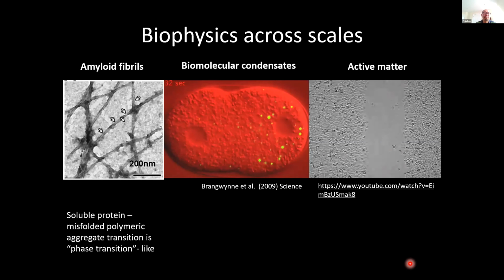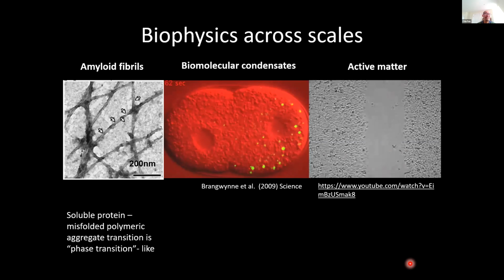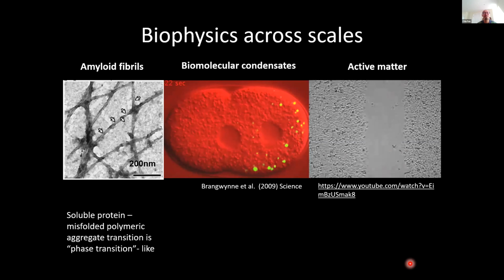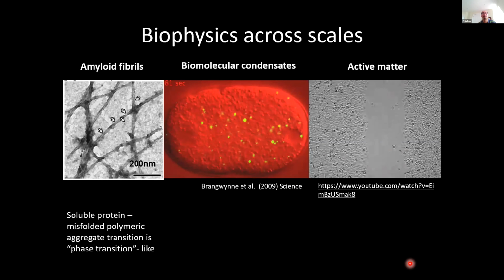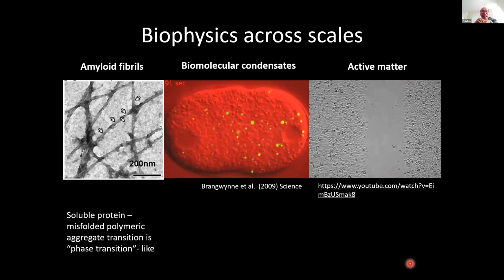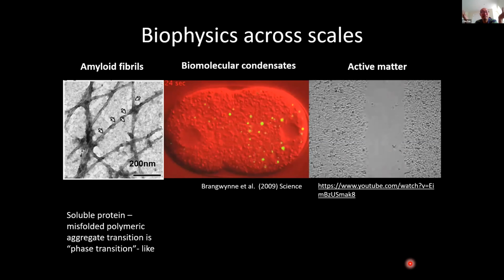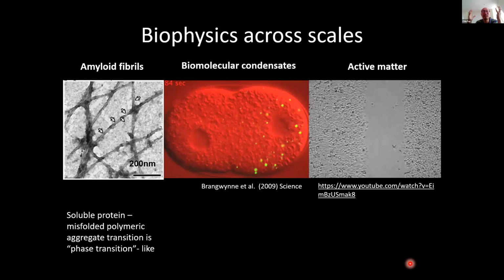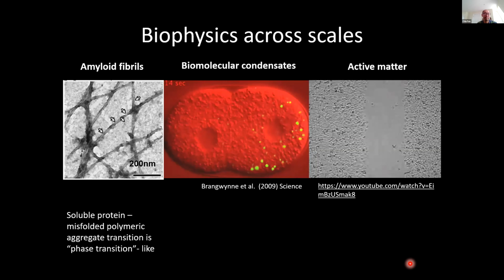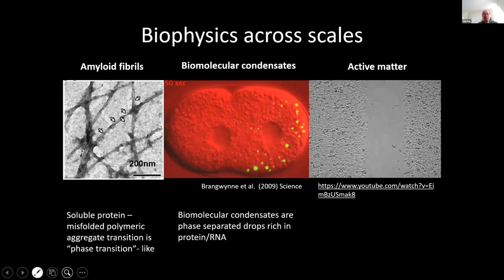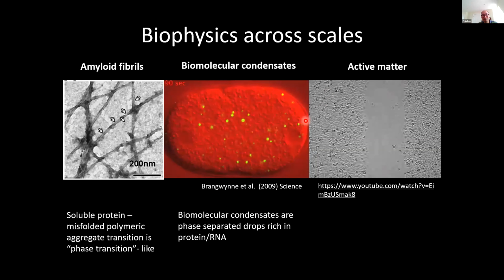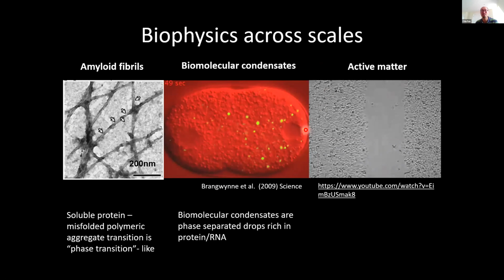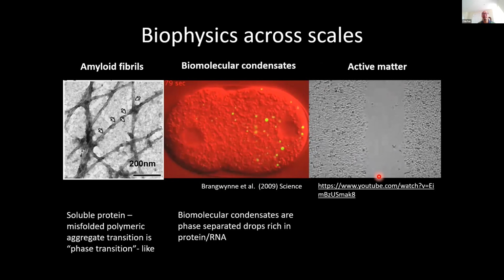And in fact, the realization that phase separation is playing such a major role in cytoplasmic and nucleoplasmic organization has, many believe, revolutionized cell biology, the way we understand how a cell organizes its interior. So this is the biomolecular condensate, P granules in this case, of course a phase transition behavior. It's phase separated drops rich in protein and RNA.